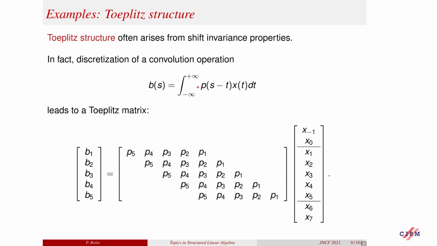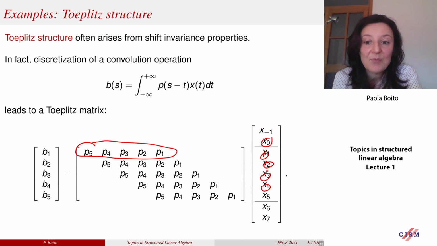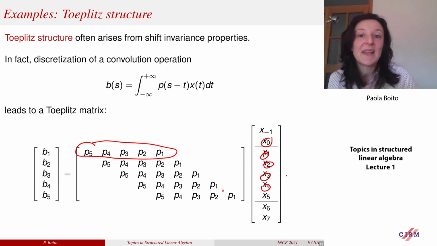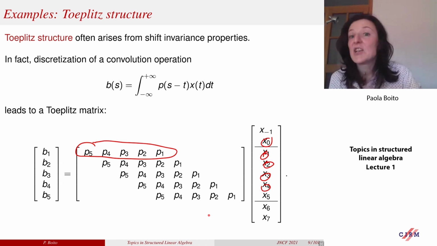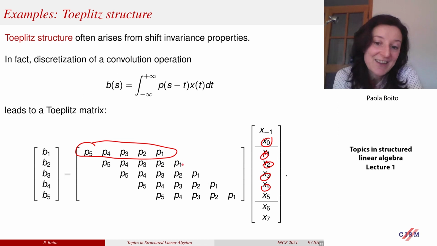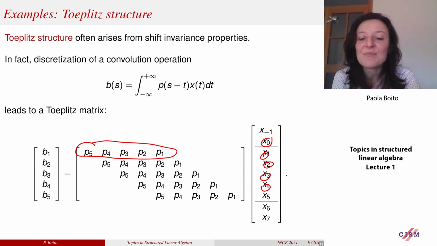Because when we apply discrete convolution, what we're doing is to perform basically a weighted average on each of these entries, right? And the coefficients of this weighted average are the same for each x_i. For this reason, we obtain a Toeplitz matrix. So in this sense, Toeplitz structure is associated with shift invariance and is reflected in the shape of the matrix.